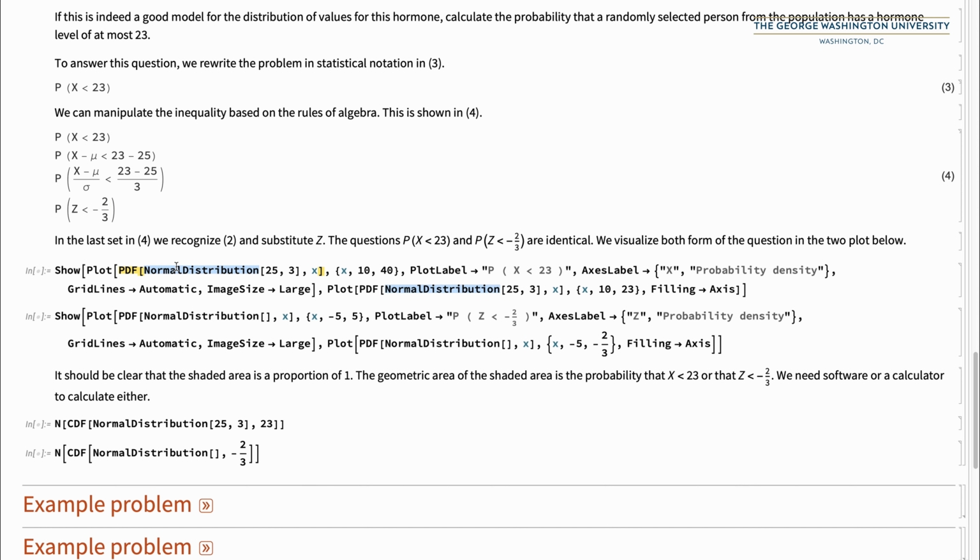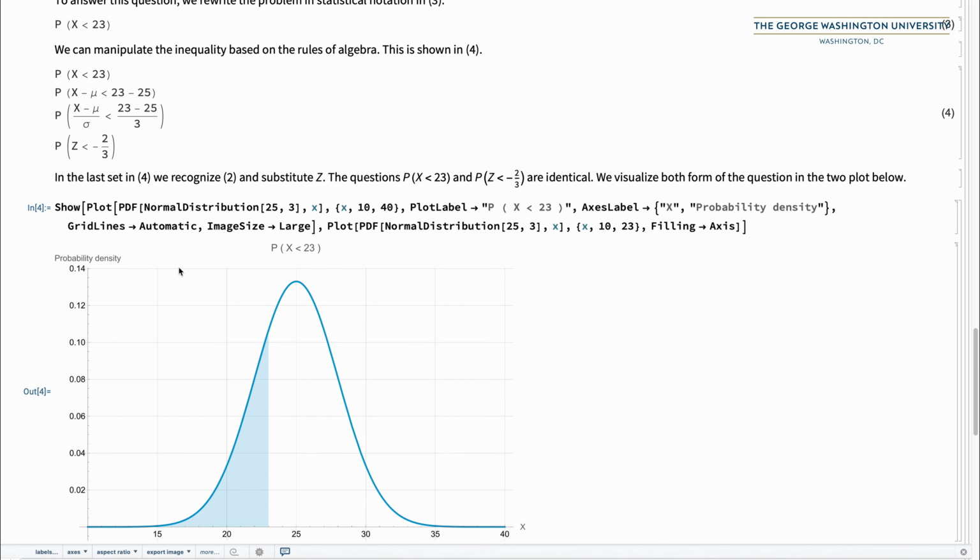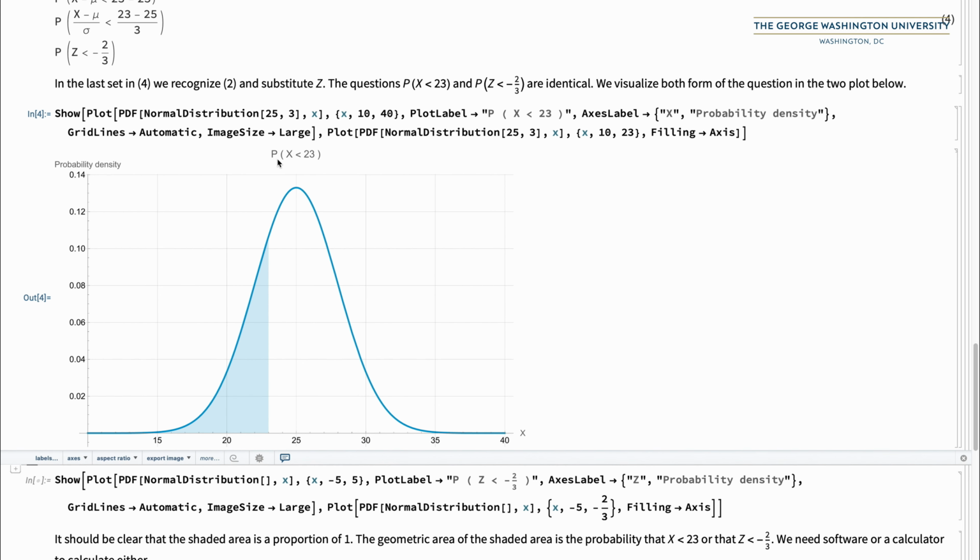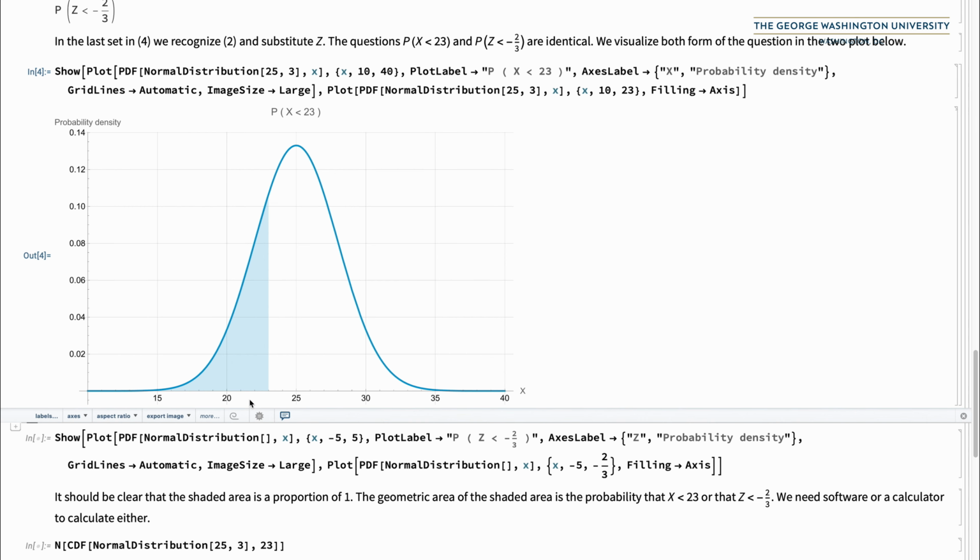So let's plot these. And this is what we have when we just look at X. There is our probability density function from this normal distribution. And this is what we want to calculate. This area, the shaded blue area, this is the fraction of this total area under the curve, remember, which is 1, which represents the probability of being 23 or less.